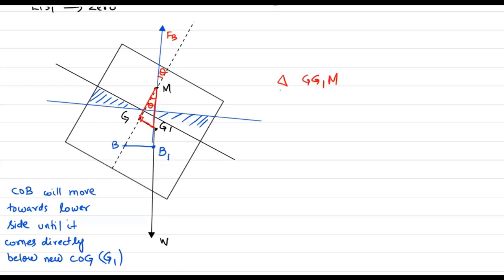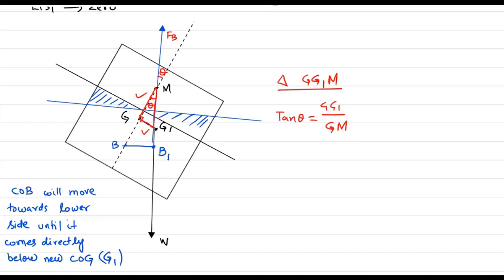G1M. If we take this, what do we realize? We realize that tan theta is equal to GG1 upon GM, this upon this.